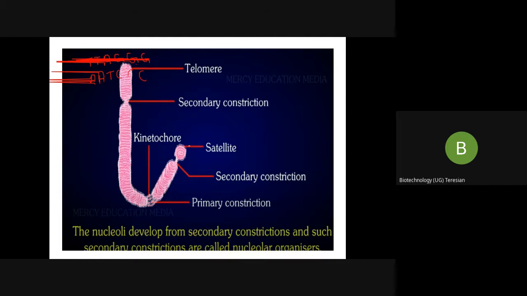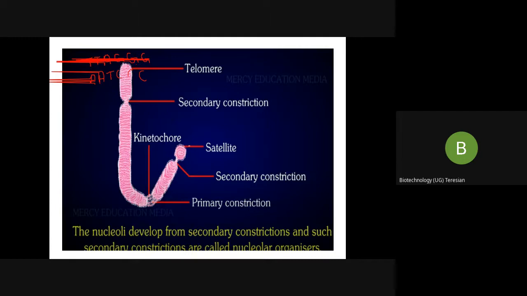So along with the main DNA, we will be having this satellite DNA, which can be identified or separated easily by gradient centrifugation. You can easily separate the primary and the secondary constructions, where it consists of the satellite chromosomes.